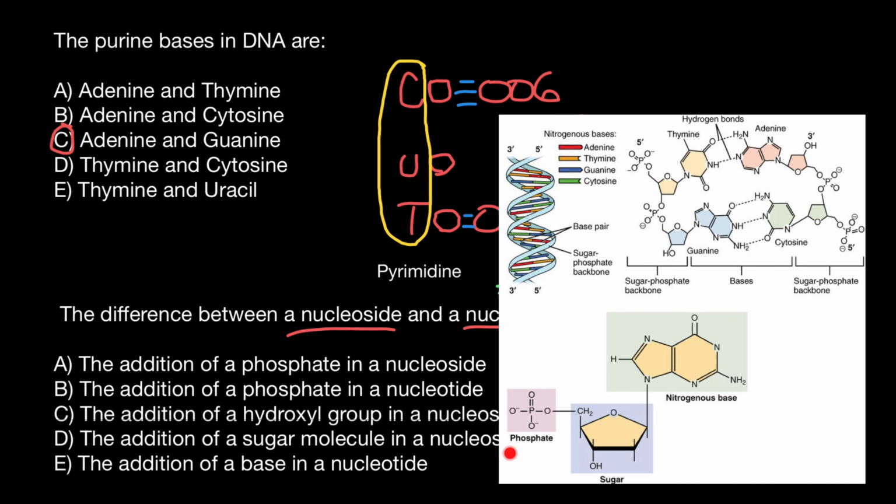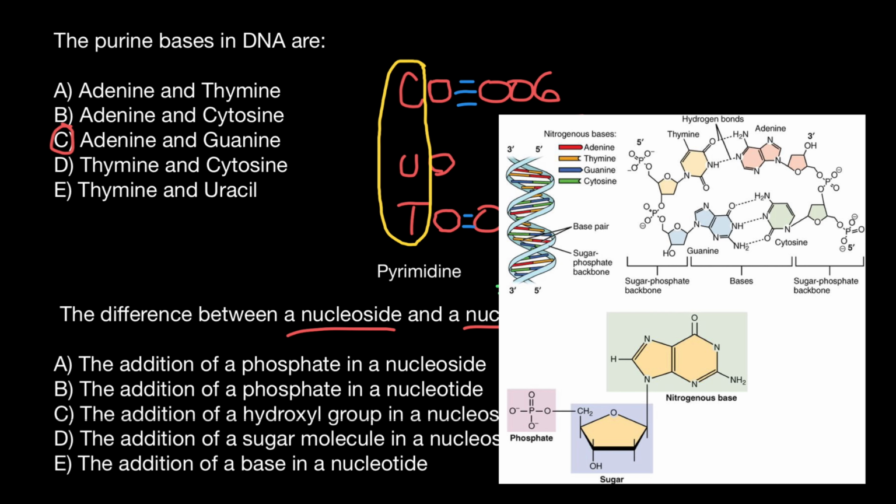Now again we zoom in, and what we see here is a nitrogenous base. Here is a sugar, and here is a phosphate group. If we arrange the base and sugar together, we call them a nucleoside, and all three groups together we call a nucleotide.